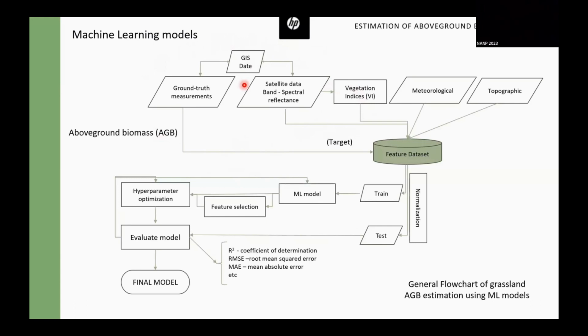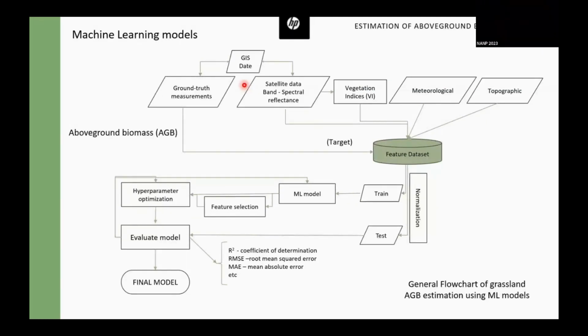But in this case, because machine learning models can hold a huge bunch of data, in the input feature data set I can use the spectral reflectance and some vegetation indices that I calculate, together with meteorological and topographic data to improve those models.